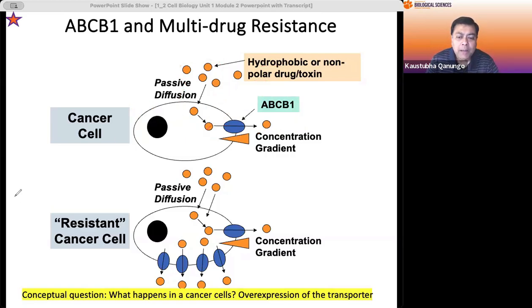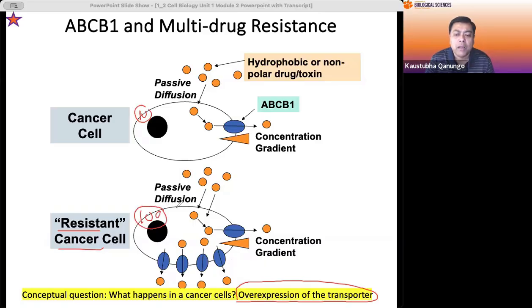But sometimes what we call a resistant cancer cell arises because there is an overexpression of the transporter. So this gene duplicates, it undergoes a new promoter. And instead of, say, 10 of those on the plasma membrane, now you have 100 of those MDRs.